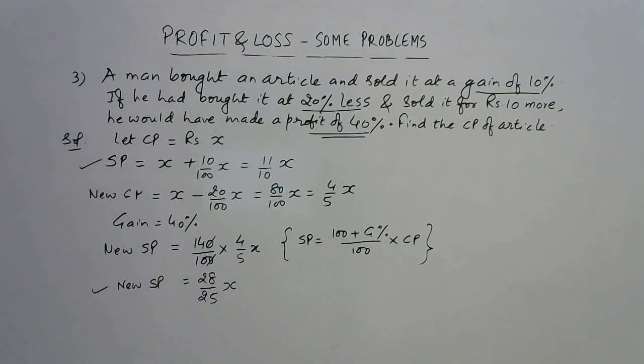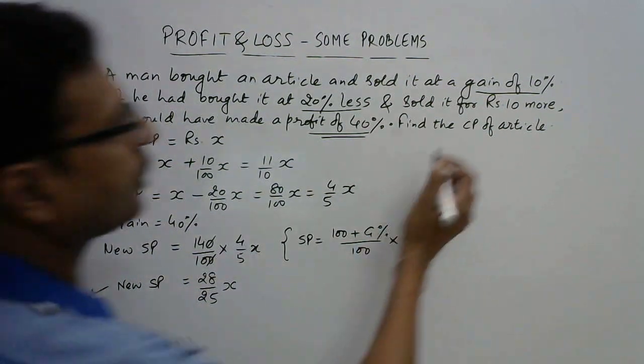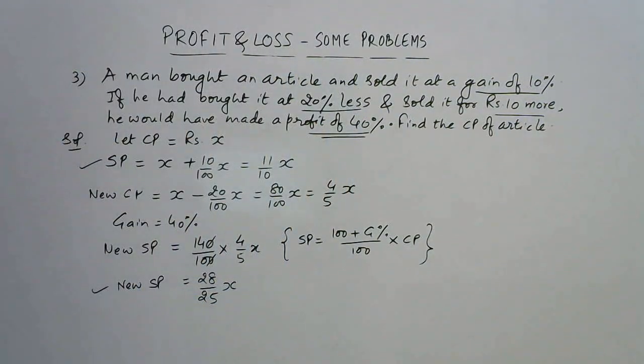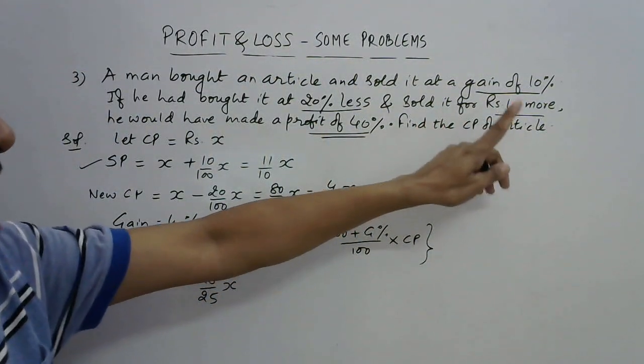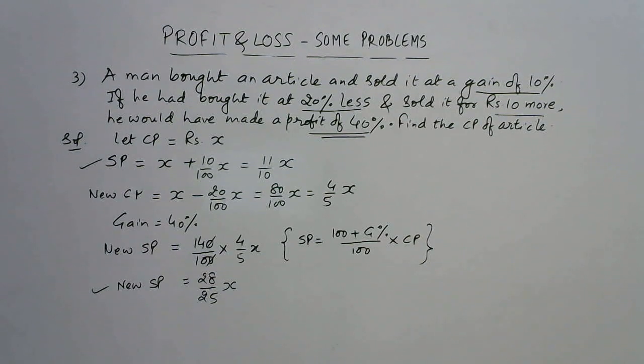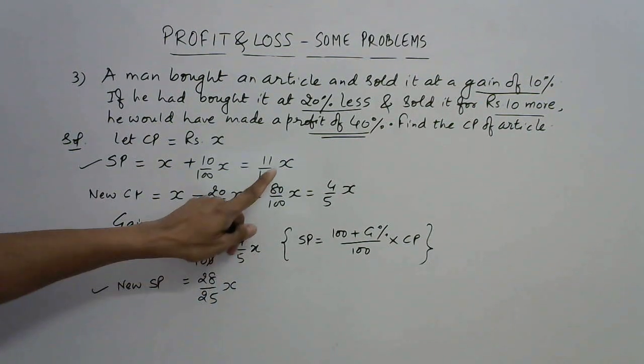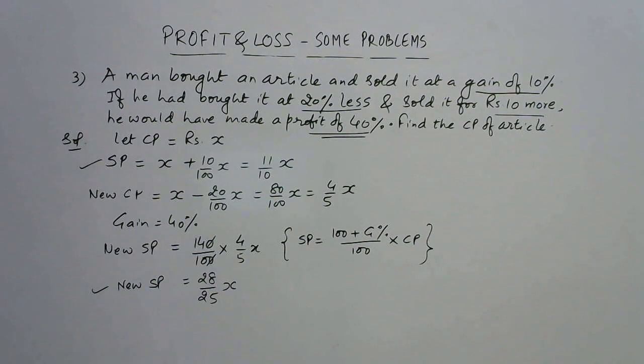Now it is given that the new selling price is rupees 10 more than the original selling price. Sold it for rupees 10 more. So the new selling price is 10 more than the original, or we can say the difference between the new selling price and the original selling price is 10 rupees.